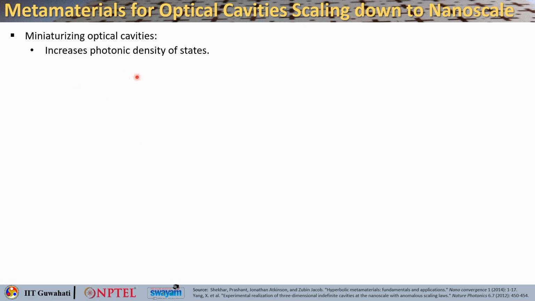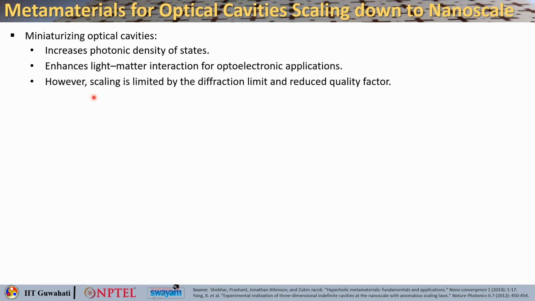Now, we have seen that hyperbolic metamaterials enable interesting applications due to their hyperbolic dispersion, right? One of those could be towards miniaturizing the optical cavities that will increase the photonic density of states, which in turn will increase the light matter interactions, very useful for optoelectronic applications.